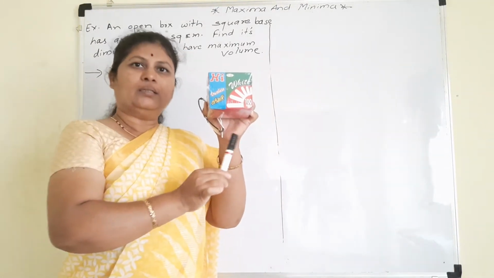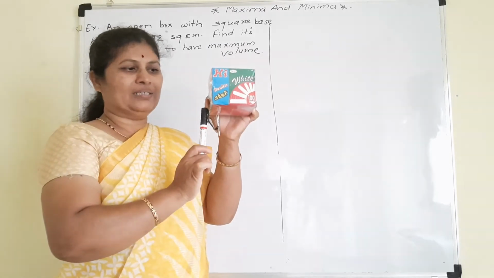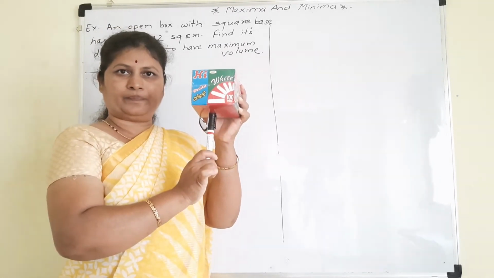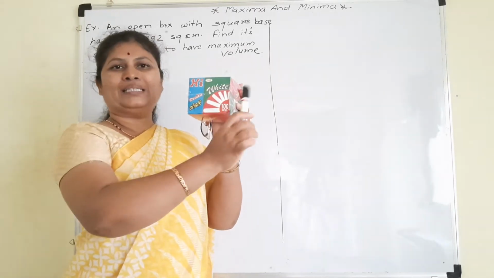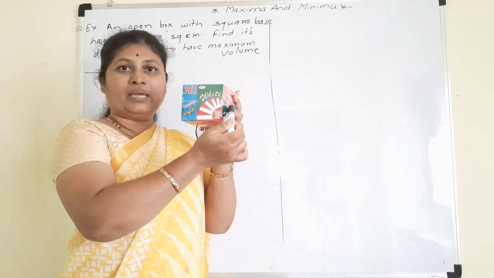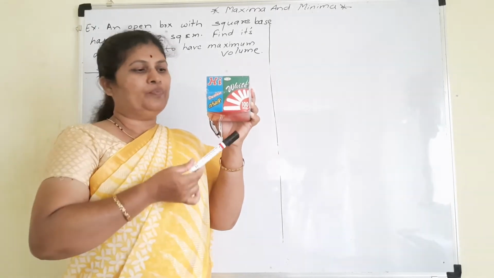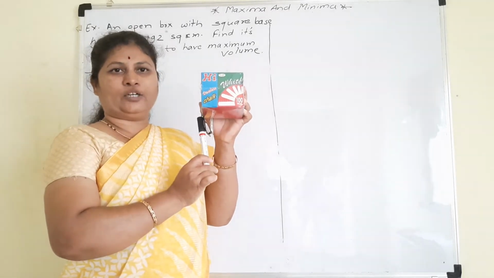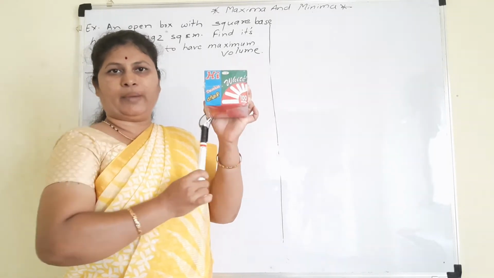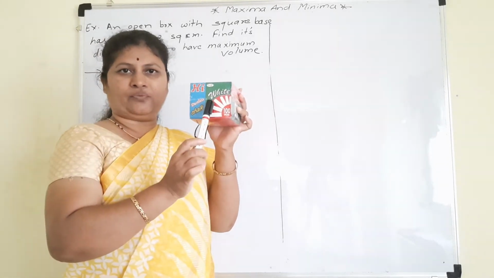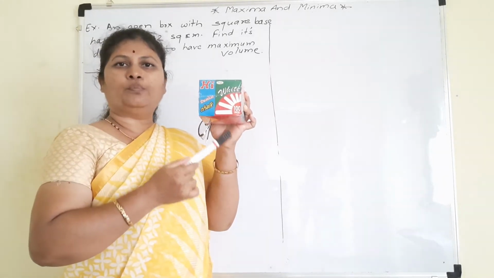For the base, the base is square, so if we consider x as the side, x square will be the area of the base, and these 4 surfaces are same, they will have the same area. Why will they have the same area? Because our base is square, so this length is same as that of this one and the back one. So 4 times area of this surface plus area of the base.